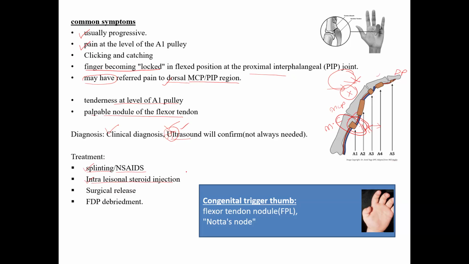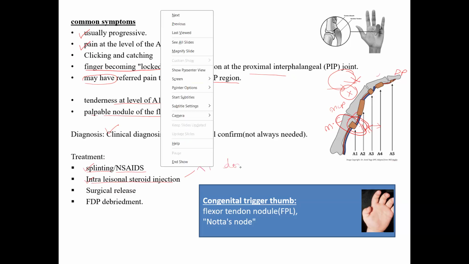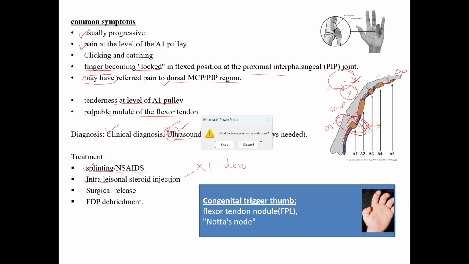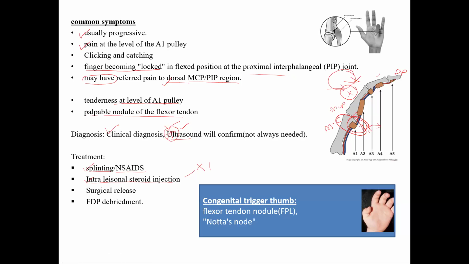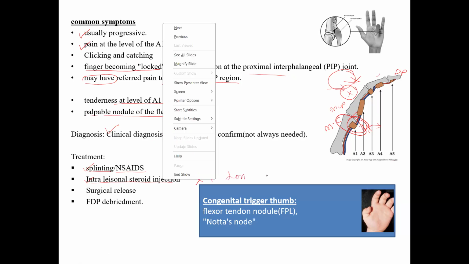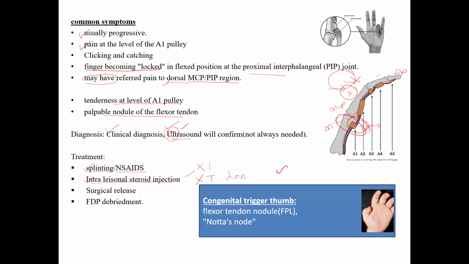We should be very careful in giving the injection because we should not give it in the tendon. We need to give it around the tendon, in the tunnel that is around the tendon, not in the tendon.